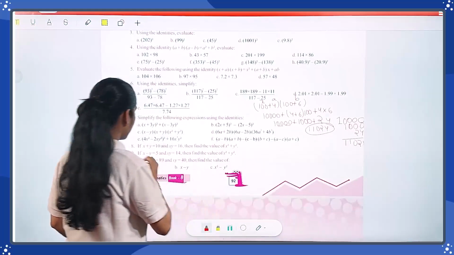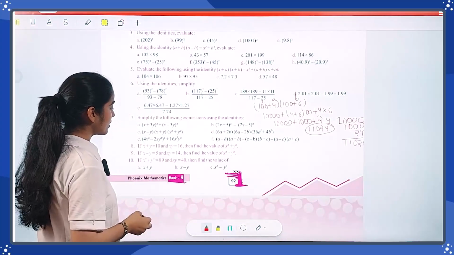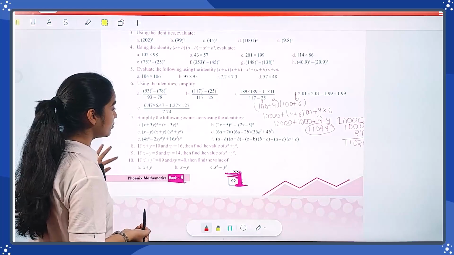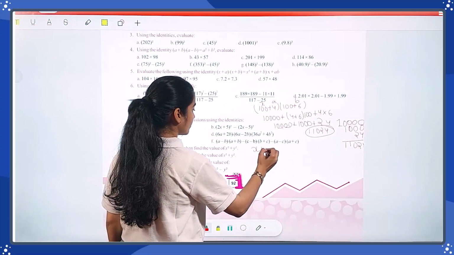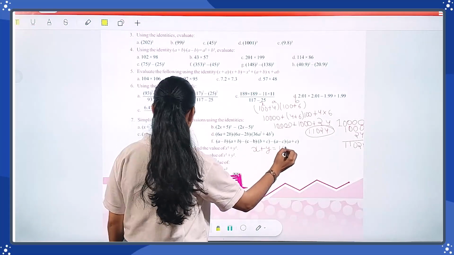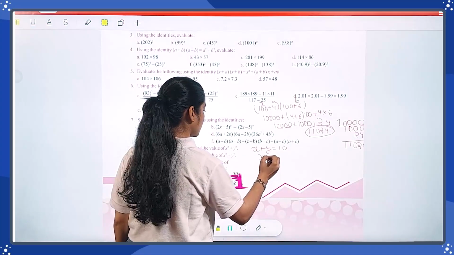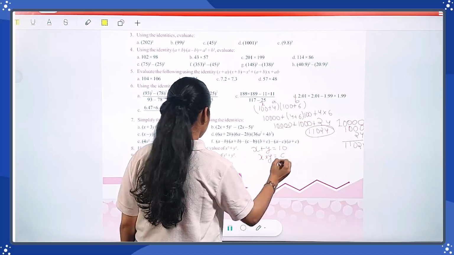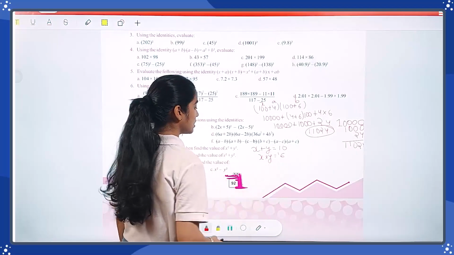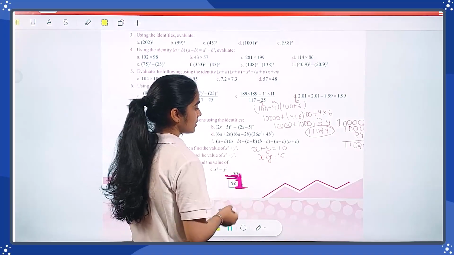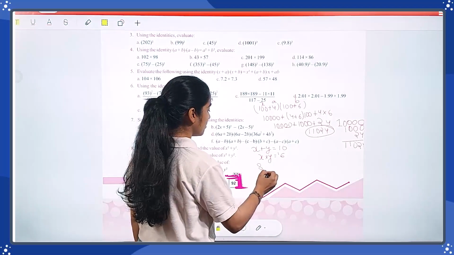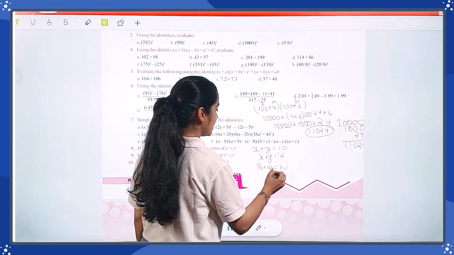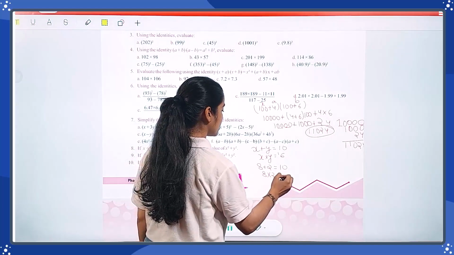Okay. Now if x plus y is equal to 10 and xy is equal to 16, then find the value of x square plus y square. So x plus y is equal to 10 and xy is 16. So you want numbers which multiply to 16. 8 multiplied by 2: 8 plus 2 is 10 and 8 multiplied by 2 is 16.